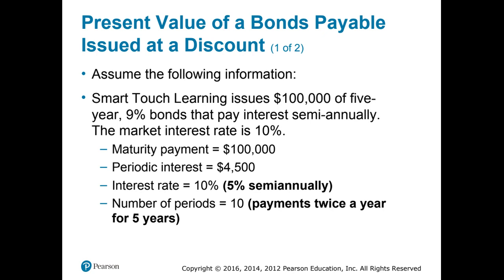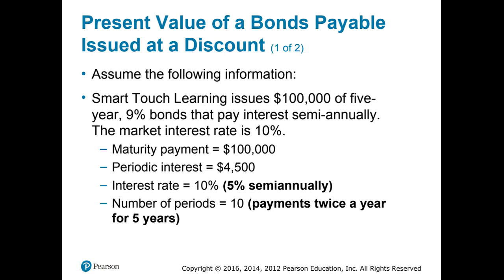The interest rate of 10% equals 5% semi-annually, because semi-annually is half the year. And the number of periods is 10, because payments are made twice a year and it's a 5-year bond. So you're going to have 10 payments.